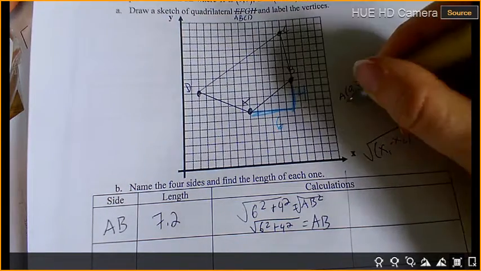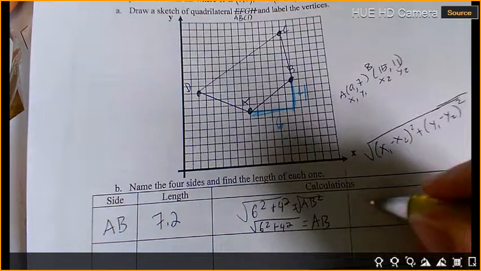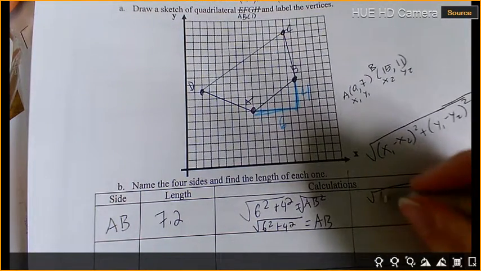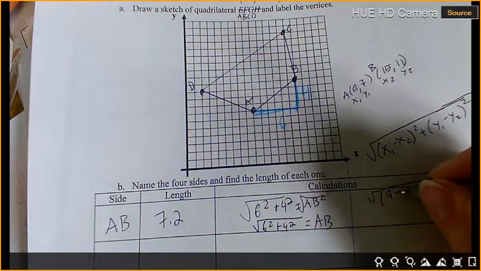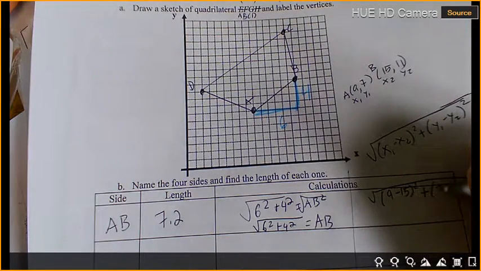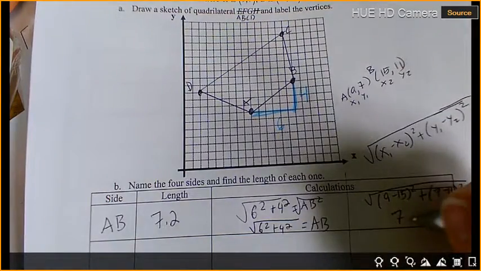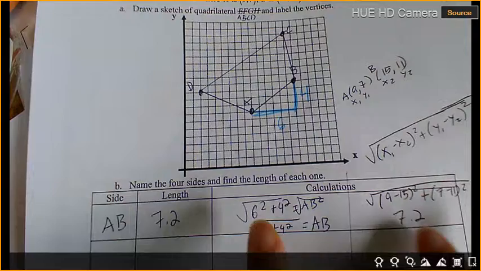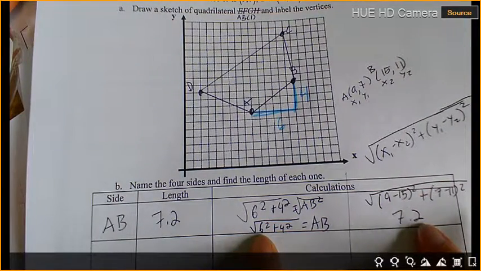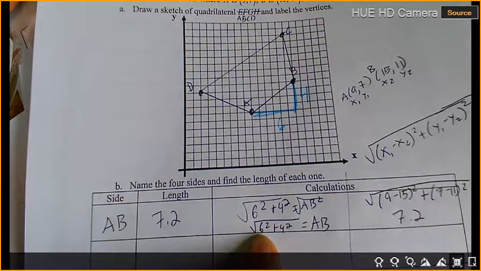We can make this x1, y1, x2, y2. And we simply put this in here as 9 minus 15 squared plus 7 minus 11 squared, and square root it. We're going to get 7.2 for that as well. You do not have to get both, but some of you are messing up counting when you're doing it.